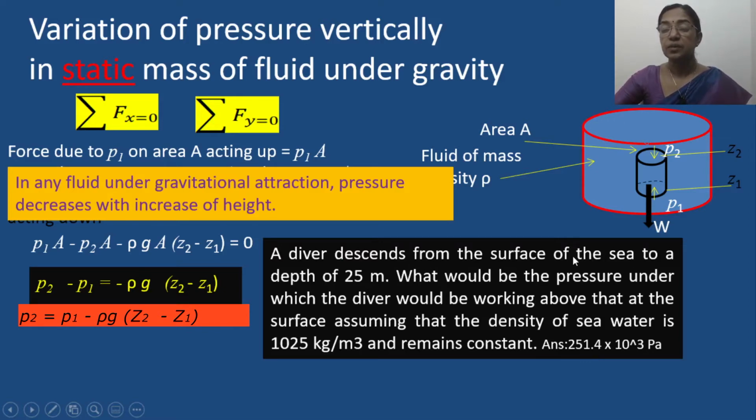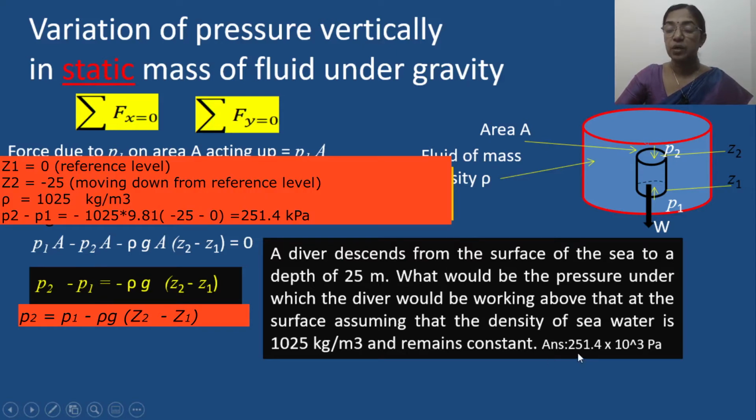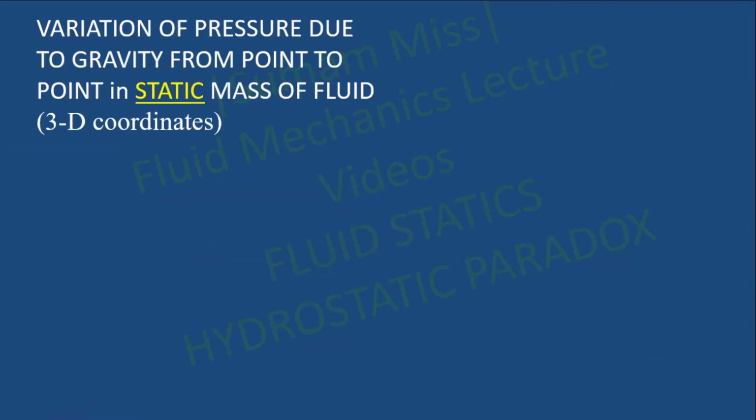Now Z2 is below the surface of the sea, so we can consider Z2 equal to minus 25 meters, and ρ is given as 1025 kg per meter cube, g equals 9.81 meter per second square. Substituting here, you will get P2 minus P1 equal to 251.4 into 10 raised to 3 pascals. You can work out this problem on your own.